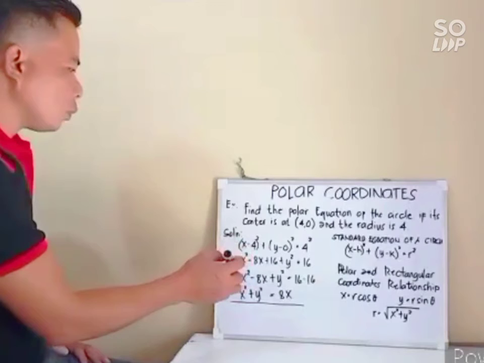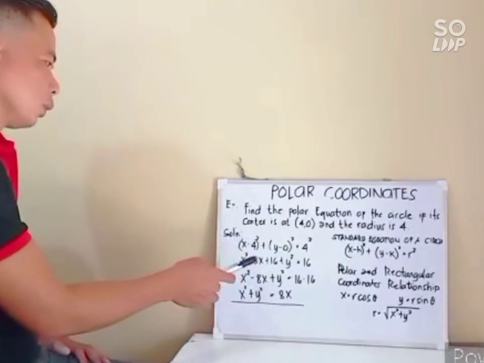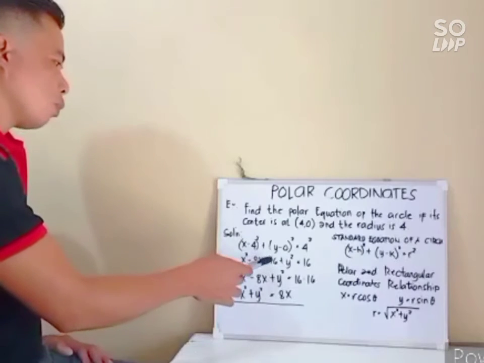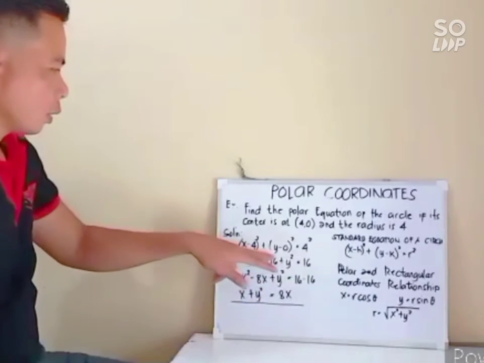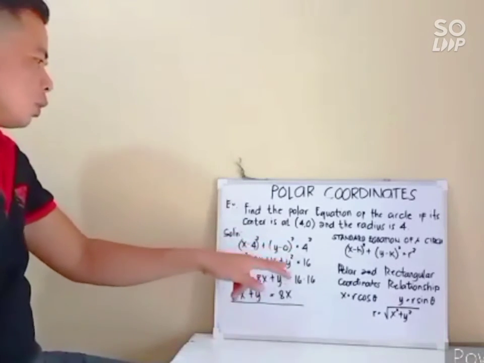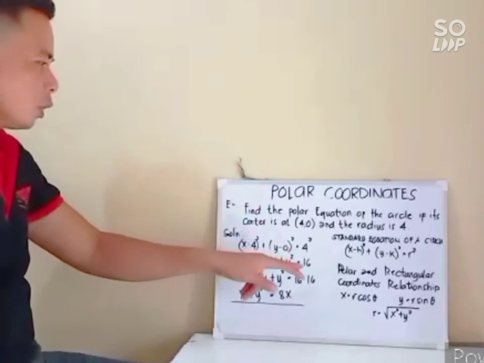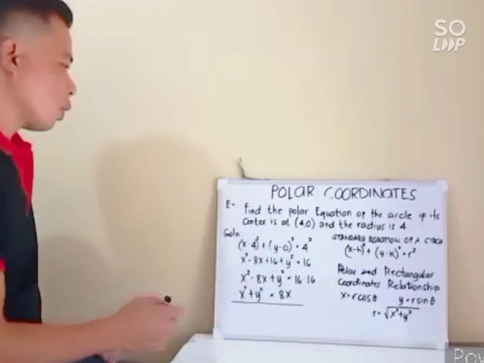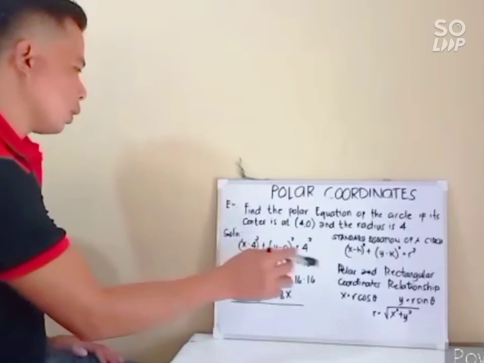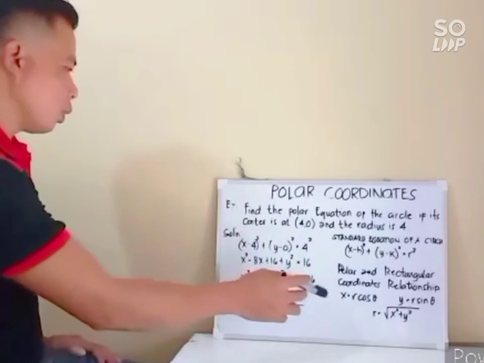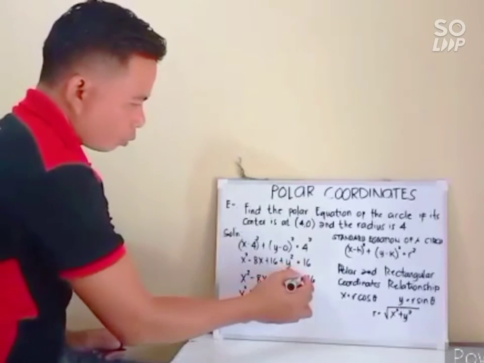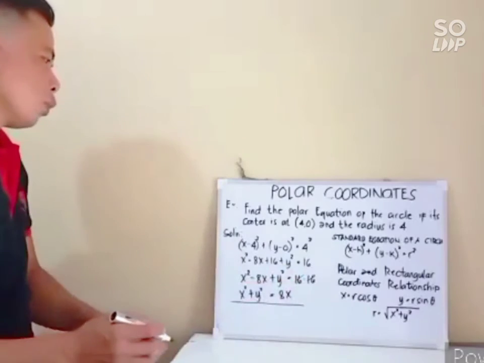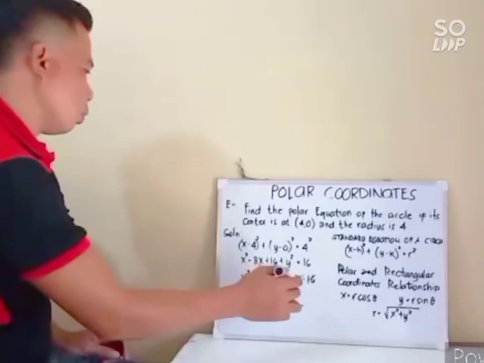Next, we have x squared minus 8x plus 16. Y minus 0 is just y squared, and 4 squared equals 16. So simplify, transpose the whole number to the other side so it becomes 0. So it's x squared minus 8x plus y squared equals 0.